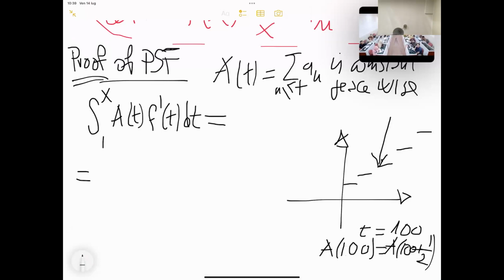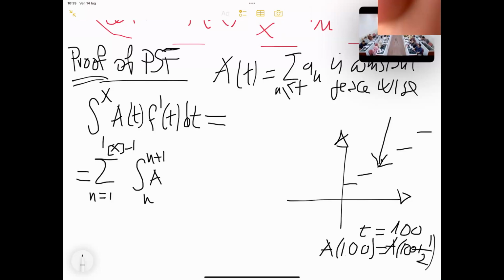Okay, so by this simple observation, we can write this as the sum for n that goes from 1 to, say, the integer part of x minus 1 of the integral between n and n plus 1 of a of t f prime of t dt.